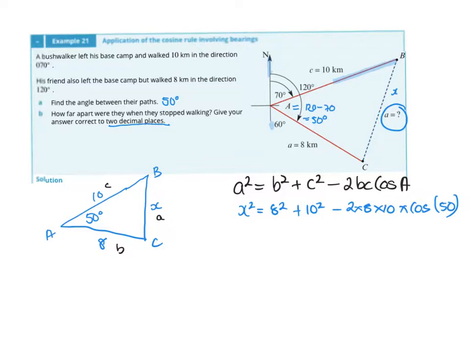And obviously, pop it into the calculator, just use solve, comma x, and we'll get our answer. Okay, it said 2 decimal places, and I got 7.82 kilometres.